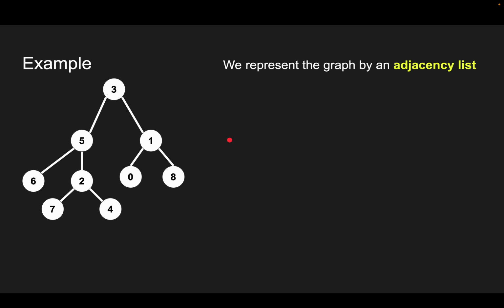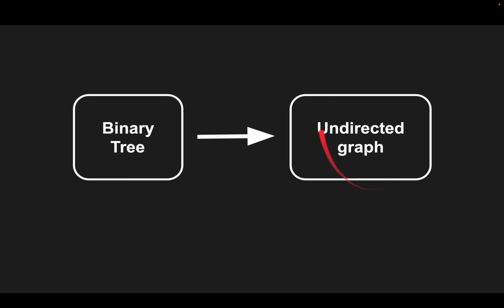We still use the example in the problem description. First, there are various ways to represent a graph. So it really depends on how you are going to represent your graph.